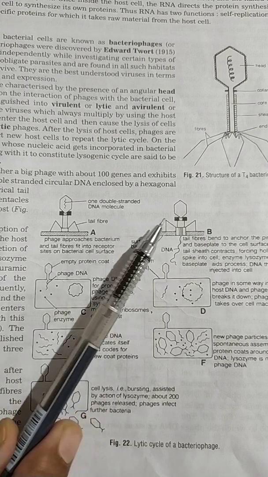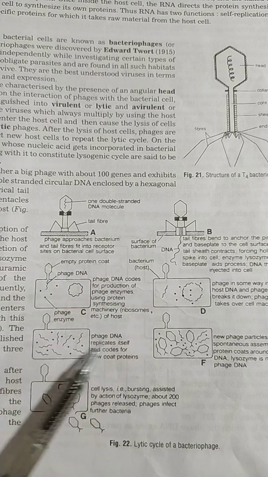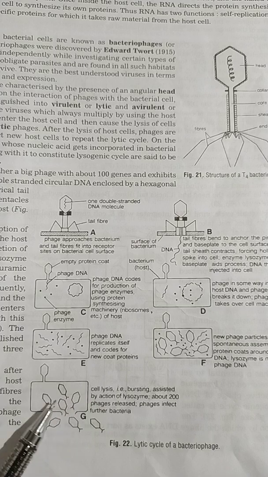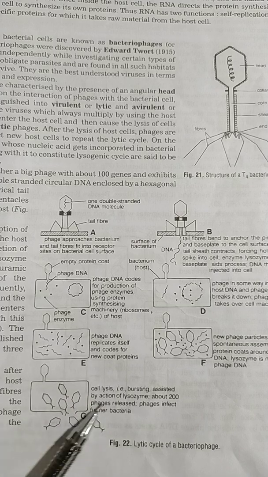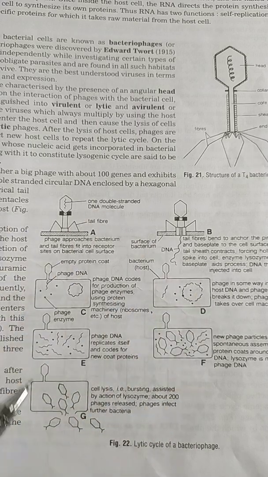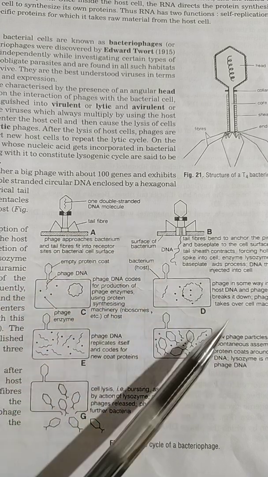Then after the lysis of the host cell, the phages are liberated, and these liberated phages can infect new host cells, and thus they repeat this whole cycle again and again in the new bacterial host.